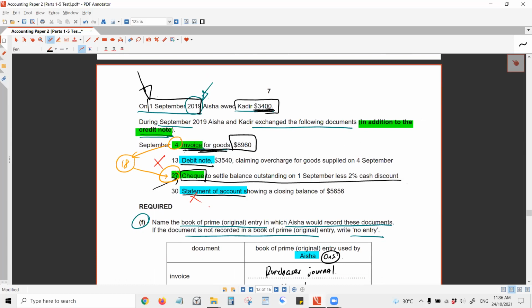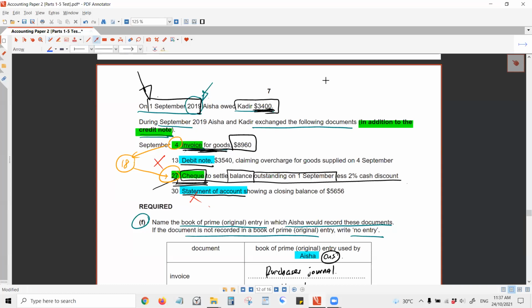27. We pay a check to supplier to settle the balance outstanding on 1st September. Basically, we are Aisha, and we make payment to Cardeal to settle the amount we owe on 1st September. So you have to see how much we owed Cardeal then.